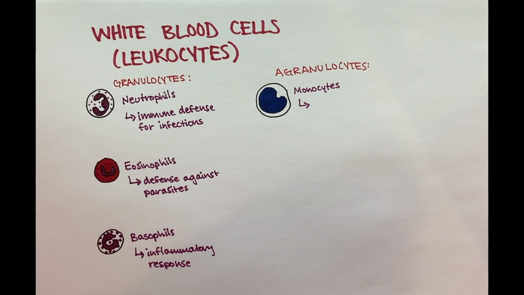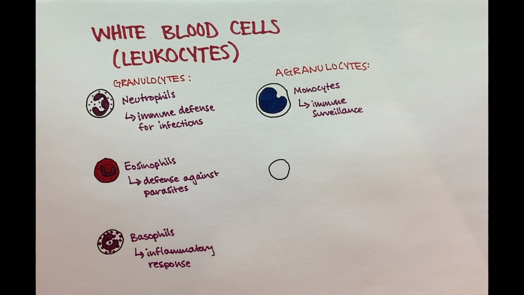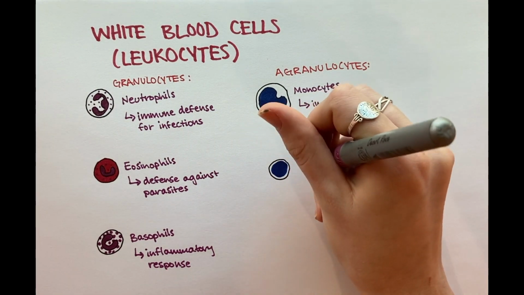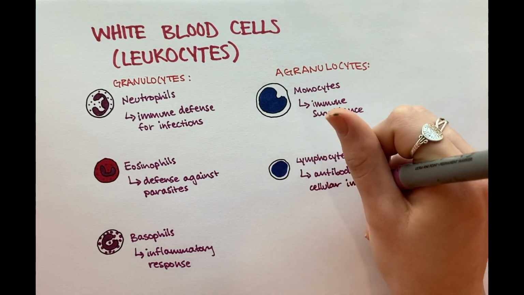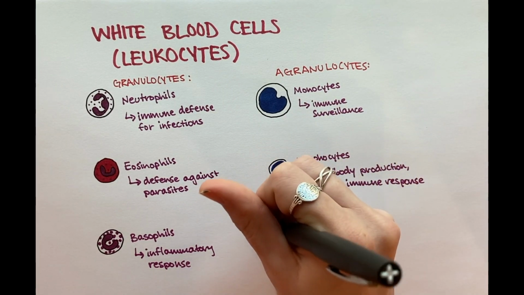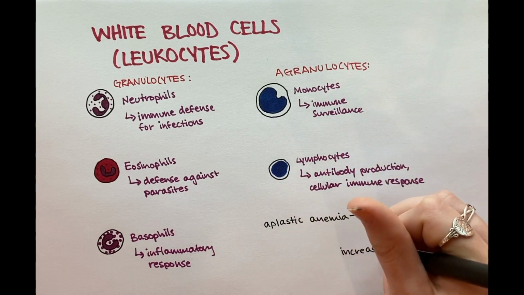Monocytes exit the blood and move into tissues where they transform into large phagocytic cells called macrophages. Lymphocytes are divided into 2 types. T lymphocytes manage immune responses, and B lymphocytes become plasma cells and produce antibodies. A loss to any of these white blood cells will result in increased infections in aplastic anemia patients.